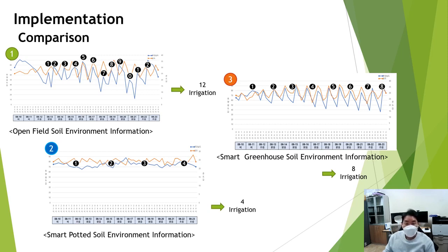And automatically controlled temperature and humidity environments are established to maintain a stable graph, and irrigation was performed 4 times.